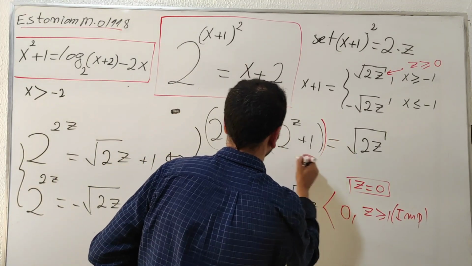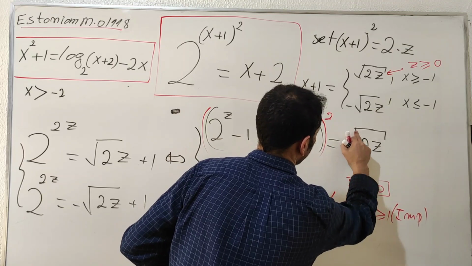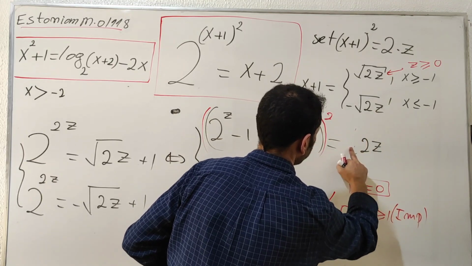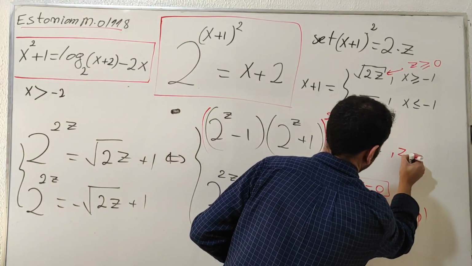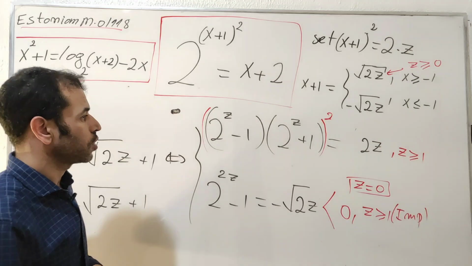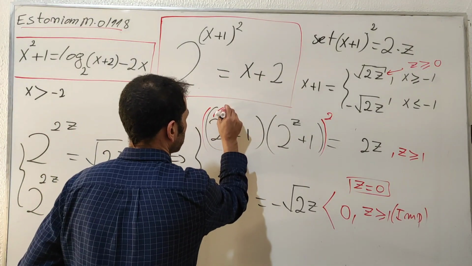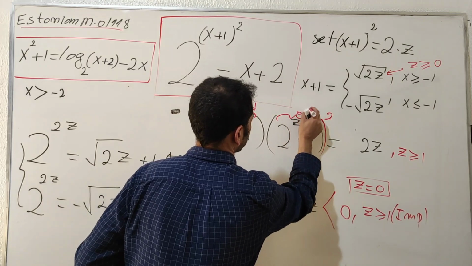For the second equation, let's check it as well. So the next trick, I'm going to raise number 2 as a power on both sides. I'm going to cancel out this square root. Now let's work out doing the same thing. If z is superequal to 1, this one becomes odd. This one also is odd.